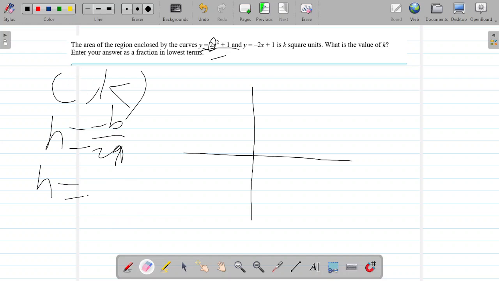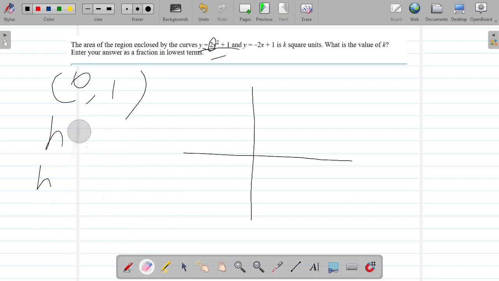So h is 0. And then k is what? k will be equal to 0 squared plus 1, which is just 1. k is 1, so our point is (0, 1).